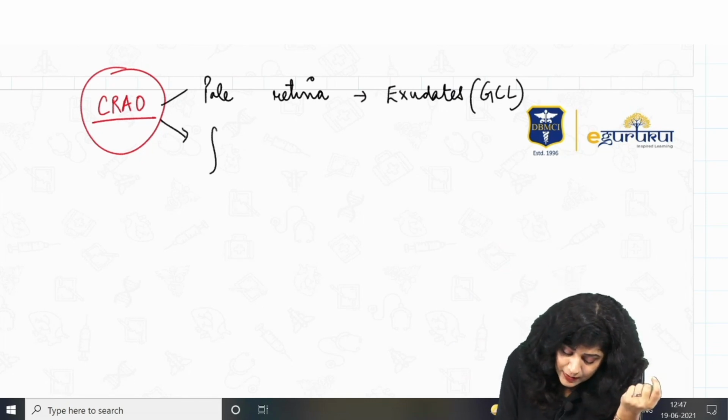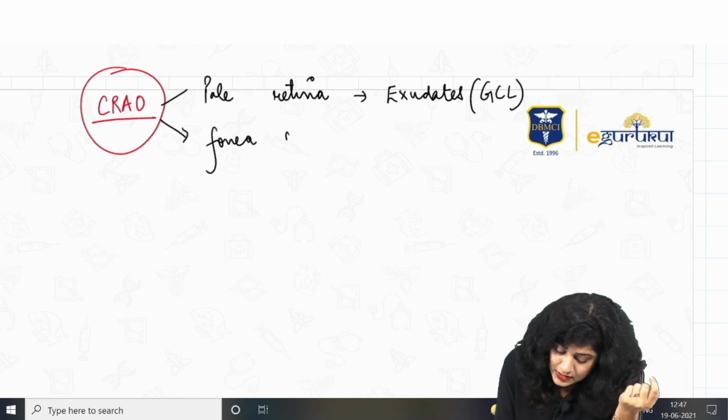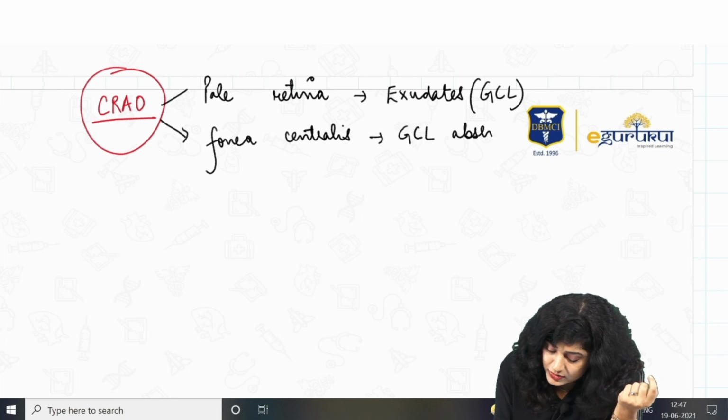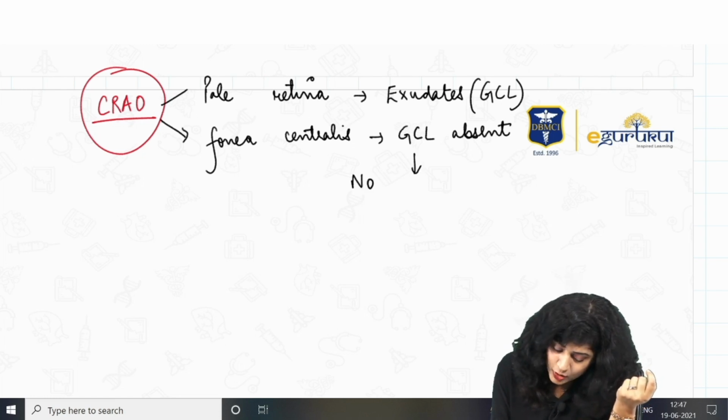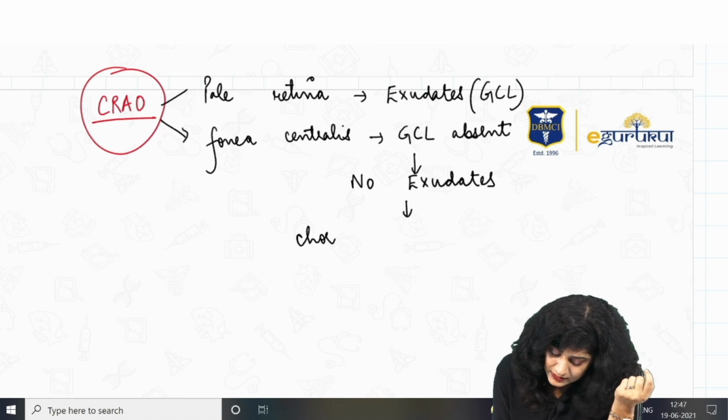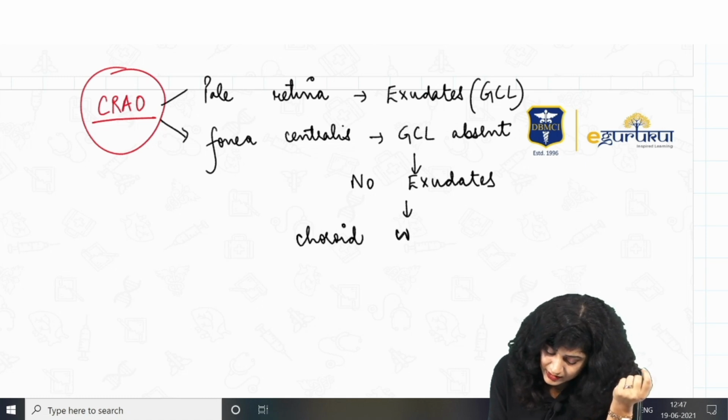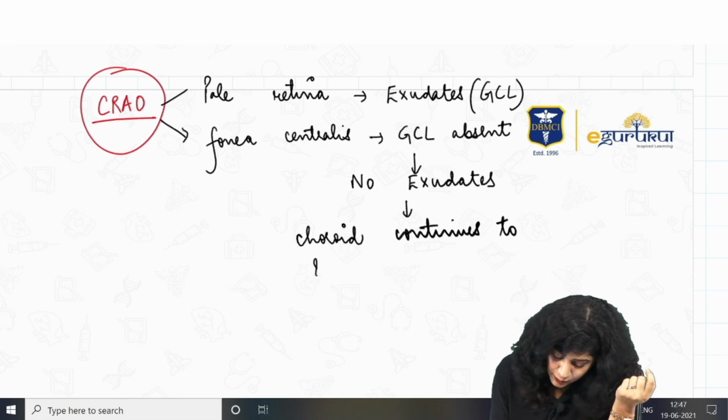If I talk about the fovea centralis, in that area the ganglionic cell layer is absent. Because this layer is absent here, we will not have the collection of exudates; rather, the choroid continues to shine from this place.